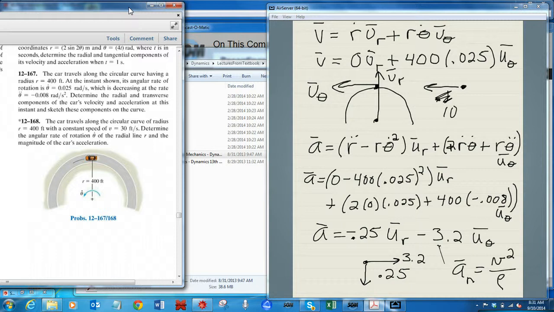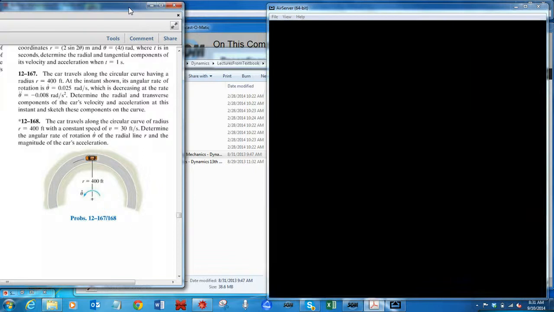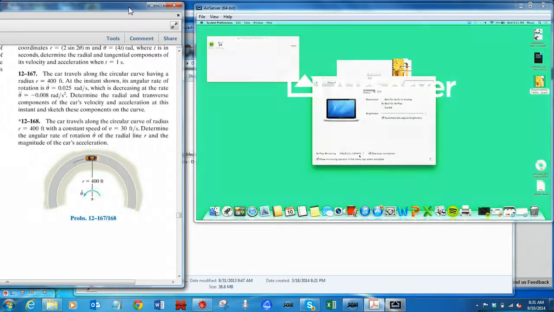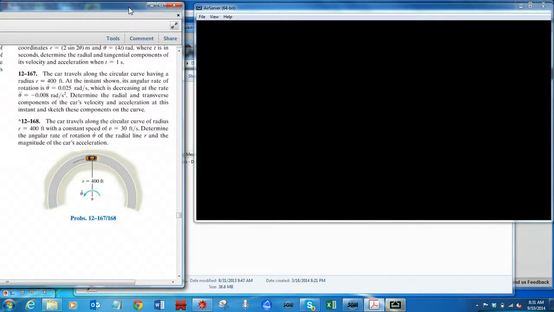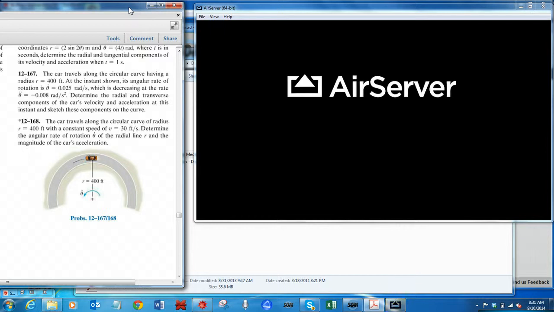What about the radius? Have you ever had a negative radius? Nope, always positive radius. So the normal acceleration is never negative. Is the radial acceleration?